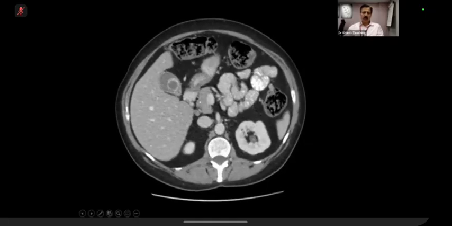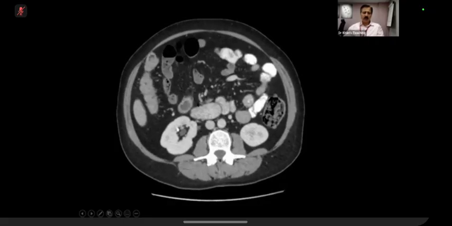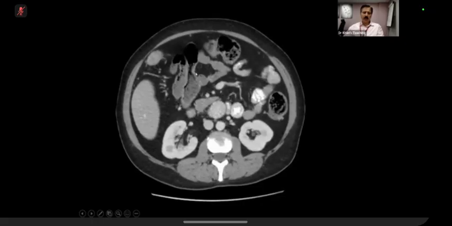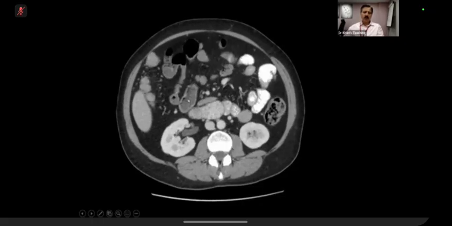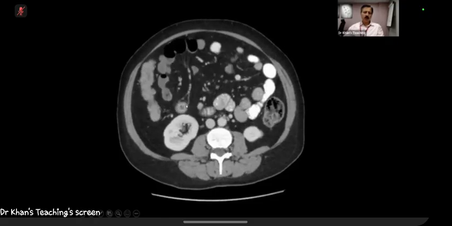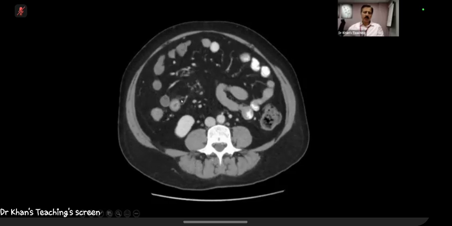So this is an incidental finding, I'm not worried about that. Now, look at this loop, and this loop has got a bit of what we call the small bowel feces sign, where there is some material within the small bowel.